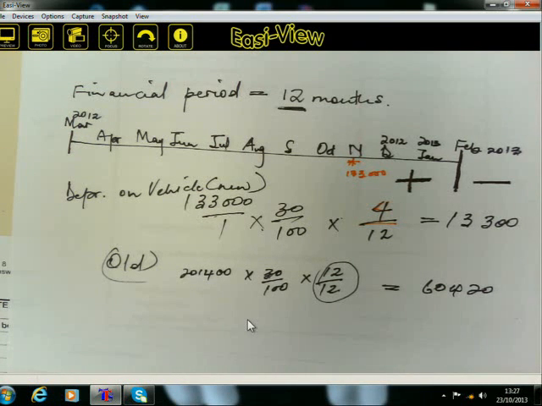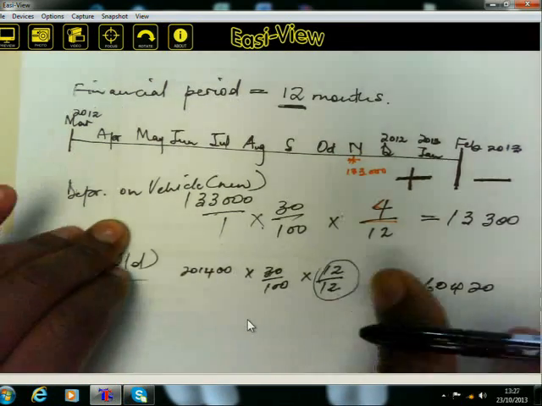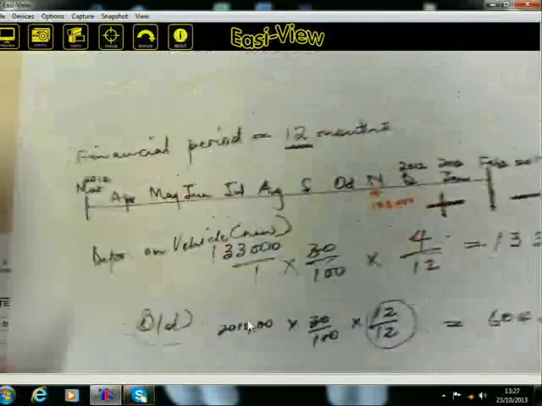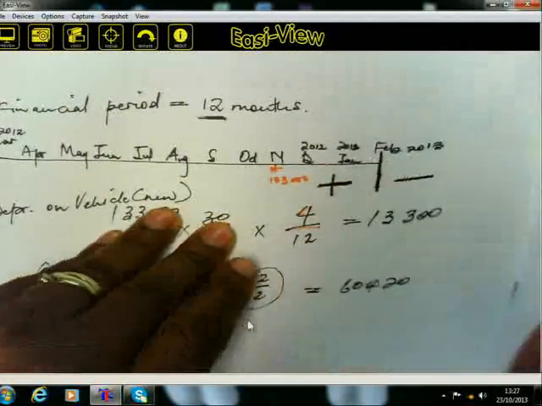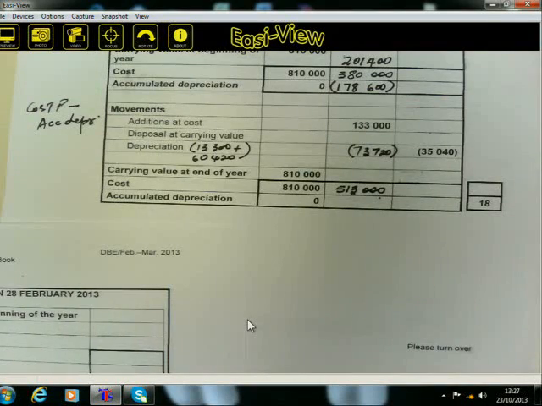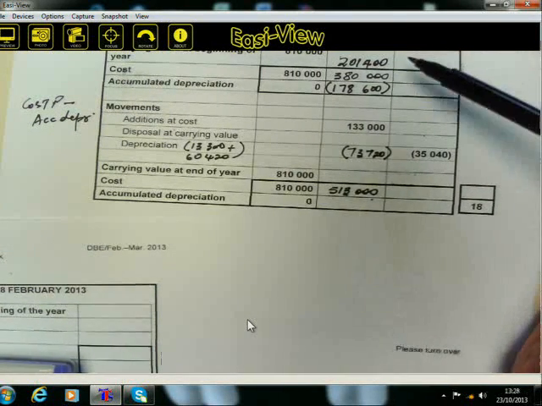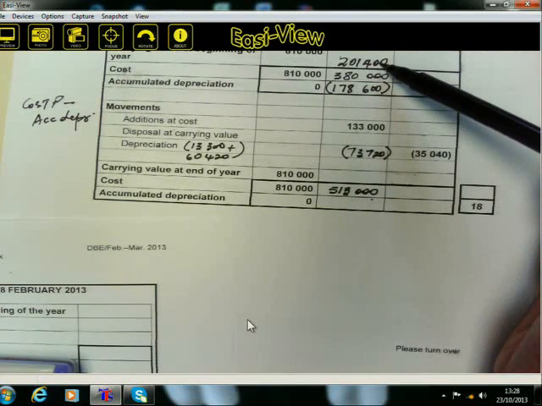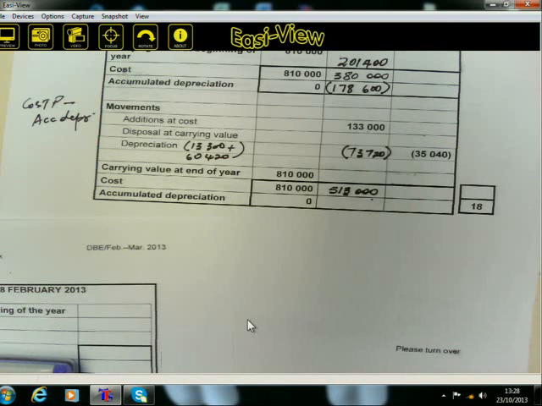Right, the second one, the second transaction, or let me finish the first adjustment, complete everything on the first adjustment. We have the carrying value of 201,400.